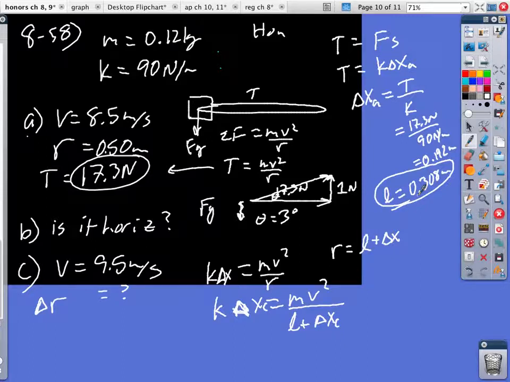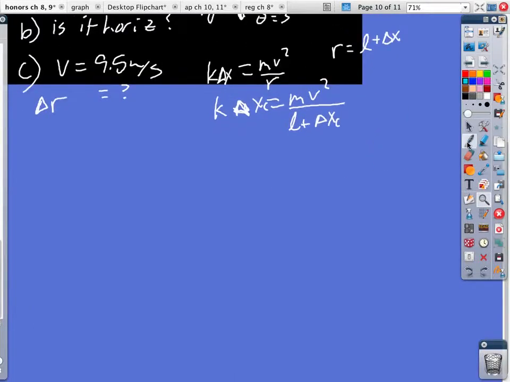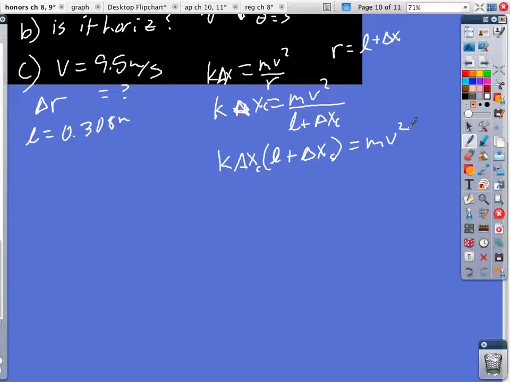So from here, since we know L is equal to 0.308 meters, we can cross multiply and start isolating. So K delta x times L plus delta x is equal to mv squared. So you're going to get some quadratic.